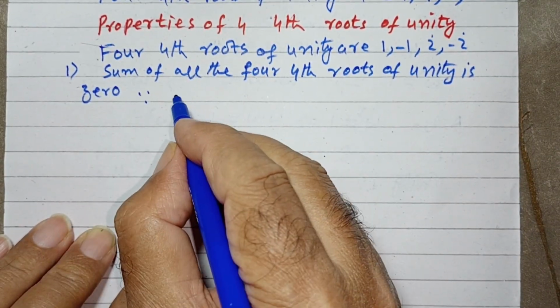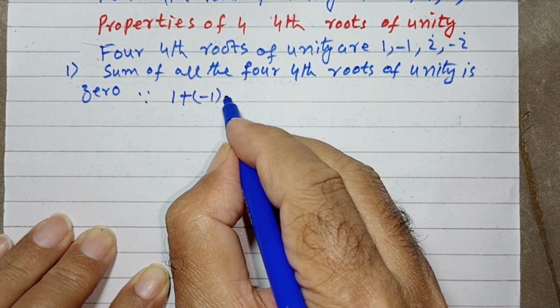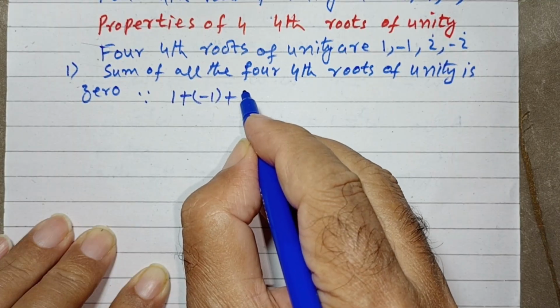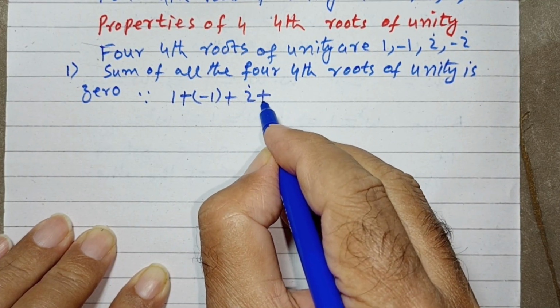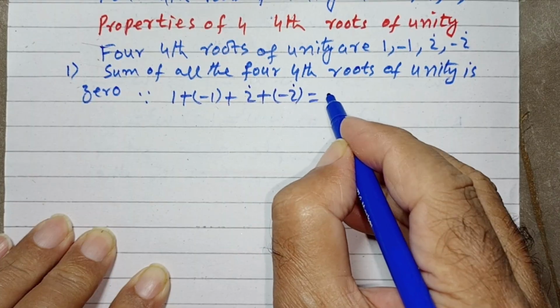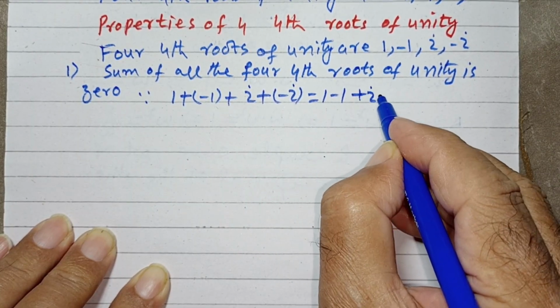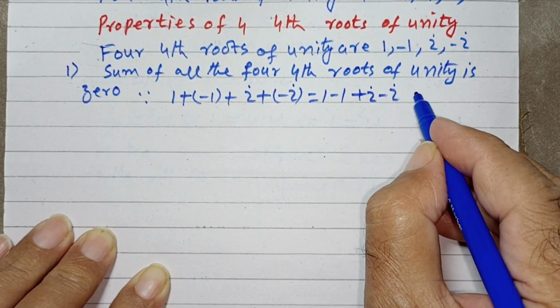Since 1 plus minus 1 plus iota plus minus iota is equal to 1 minus 1 plus iota minus iota is equal to 0.